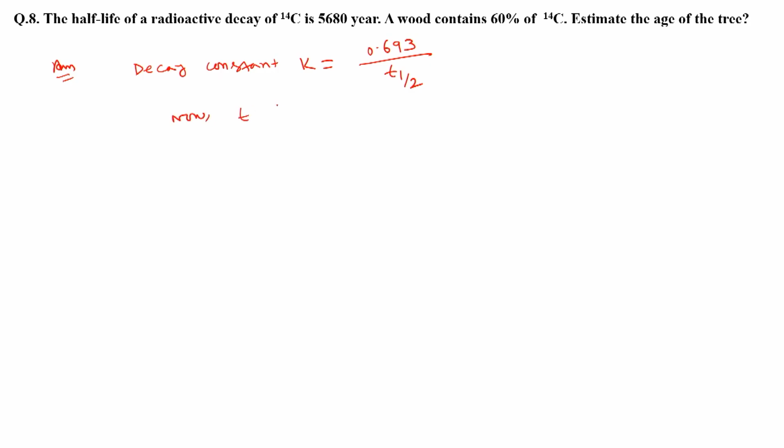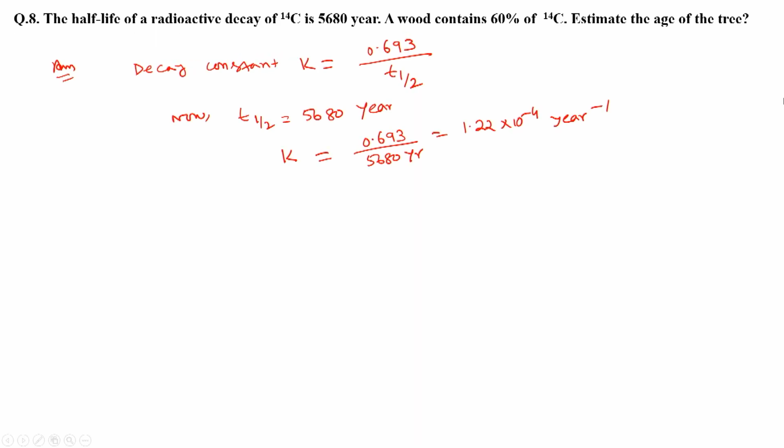This T half is 5680 years. So the value of k is 0.693 by 5680 years. So we get 1.22 times 10 to the minus 4 year to the minus 1. So this is the value of the rate constant. Now we need to calculate the age of the tree.